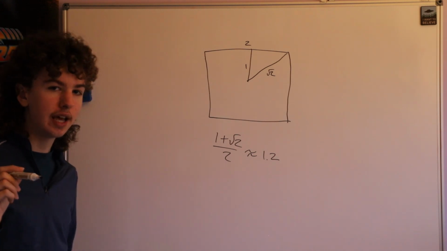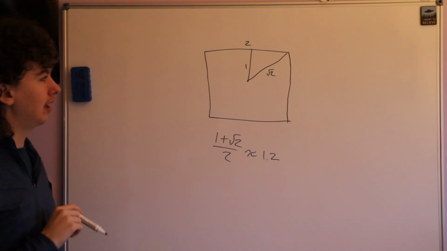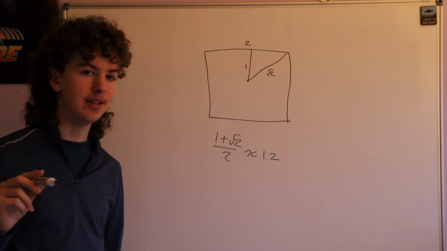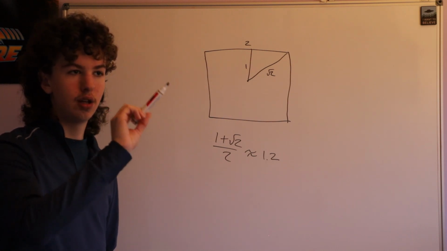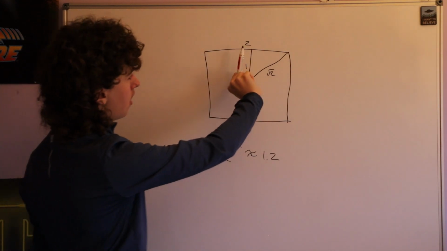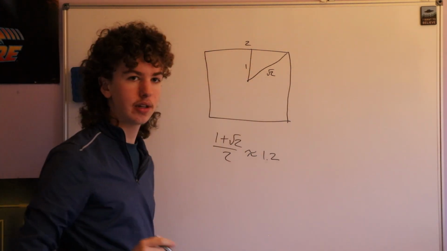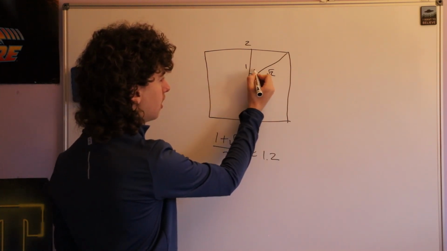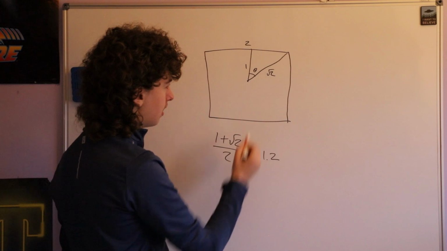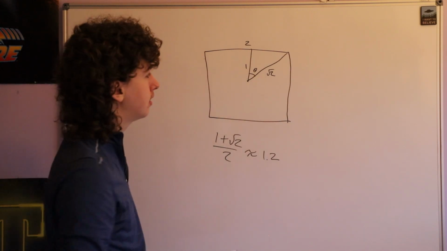Well, that's not really taking into account every possible length, is it? What if we take the mean angle between the shortest length and the longest length? So this angle here is 45 degrees.